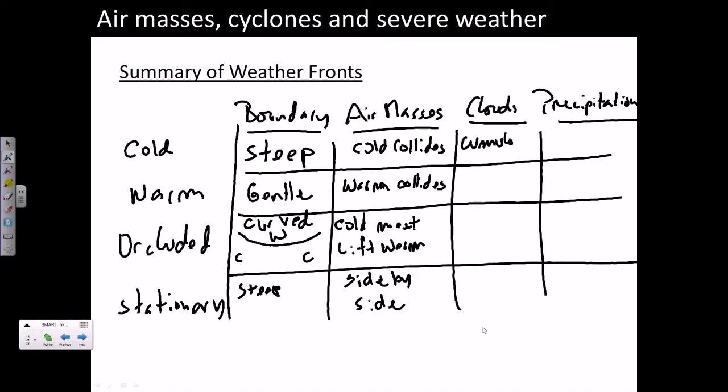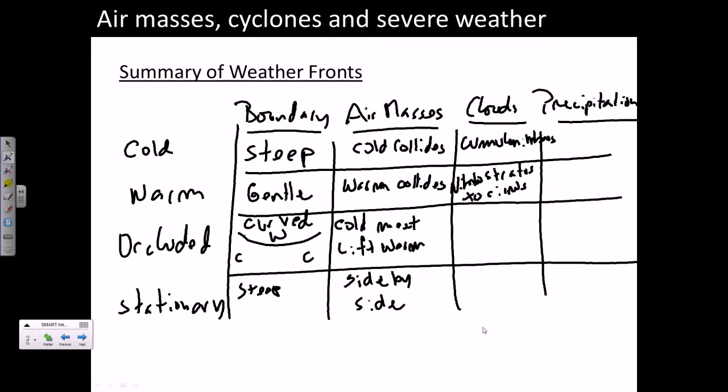Clouds for the cold front, I'm going to run out of space here, but cumulonimbus clouds. Warm front, we're going to get a whole range from nimbostratus, so those are low layered clouds that extend along the front, all the way up to cirrus clouds.